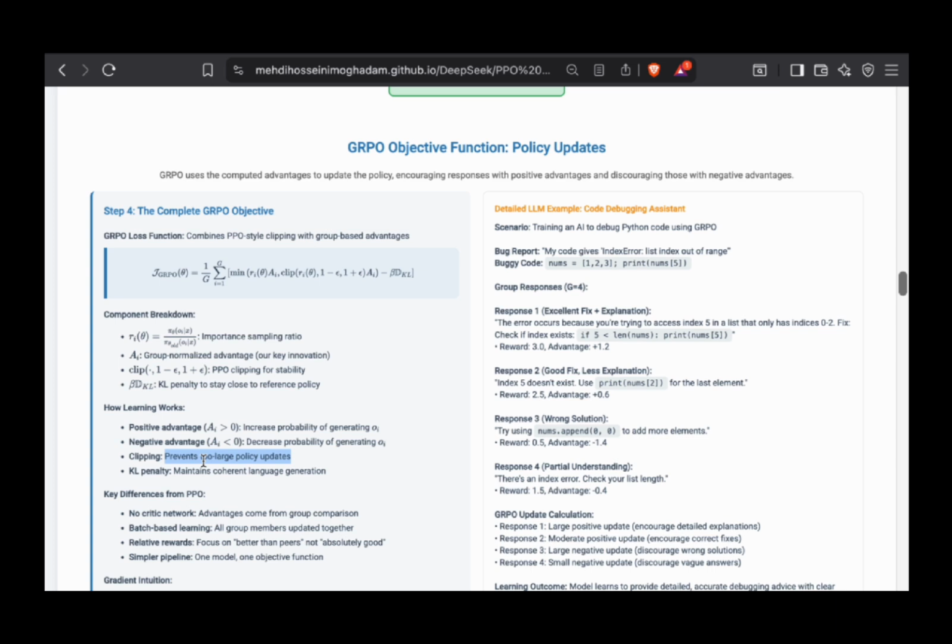For example, how many reasoning steps it can have, and how to make sure that the answers are not too long or too boring, and so on, with this exact same method that they use for the GRPO objective function. So yeah, that's the next step.